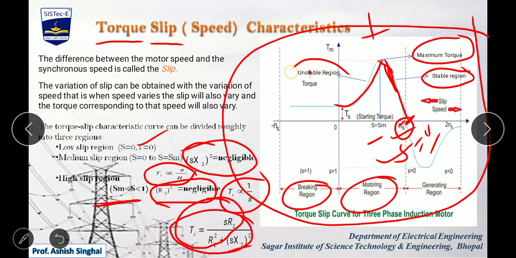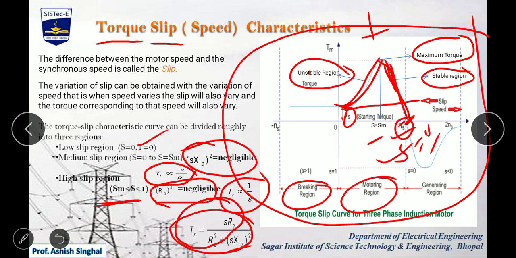And this region is called the unstable region, right? When my slip comes to this point, it has the TS, called the starting torque. So this TS will be taken here as a reference. This is the starting torque, this is my stable region, this is my unstable region. I hope you understand, my dear friends.